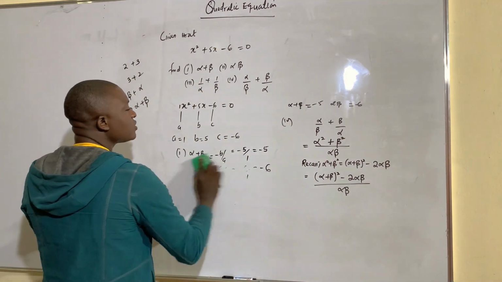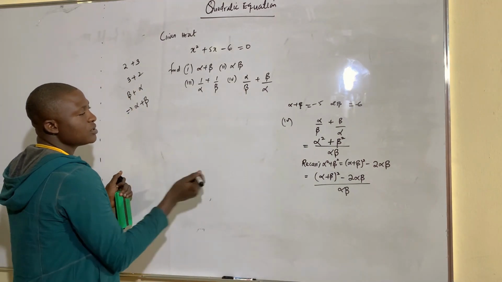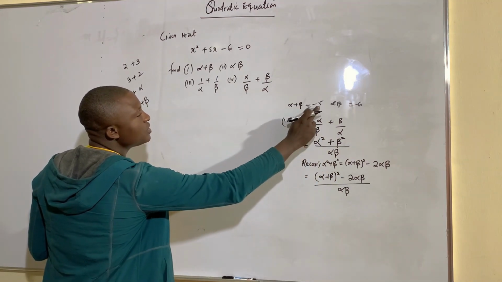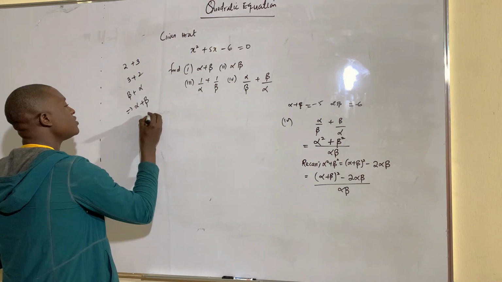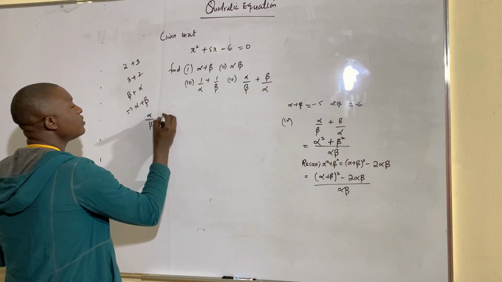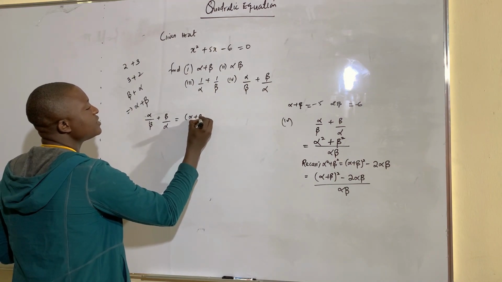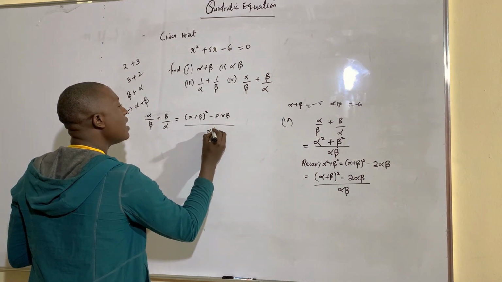Now let's go back to that one and substitute the two values. Alpha plus beta, we have it to be minus 5. So the way we are solving alpha over beta plus beta over alpha, we have it now to be alpha plus beta all squared minus 2 alpha beta over alpha beta.